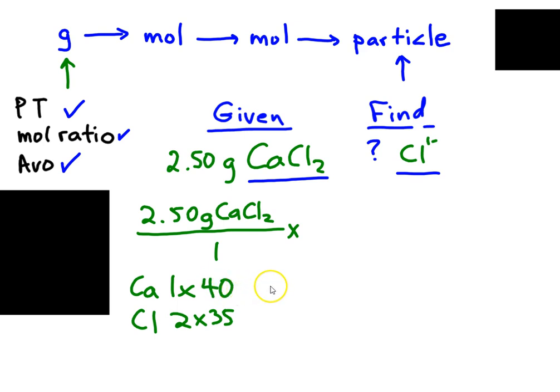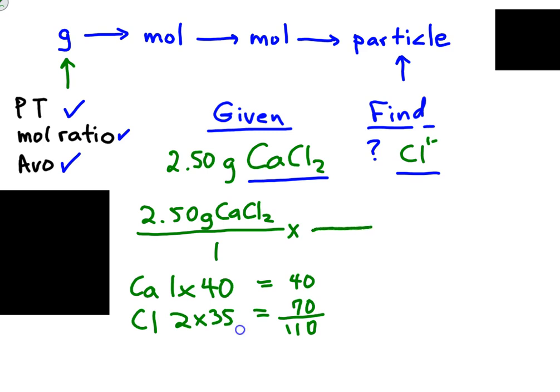I took away all the decimals because I want to keep this simple, so we can concentrate on what is actually happening in this whole thing. So I had 2 chlorines at 35.4, so I just rounded that to 35, and now we're going to get some numbers and get a total. So here we have 40, here we have 70, we add those together and we got 110.